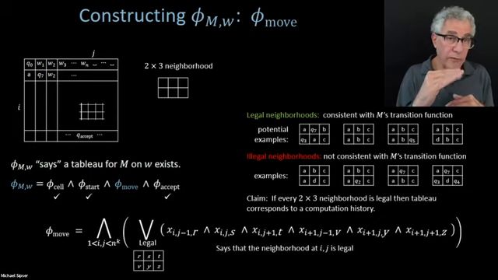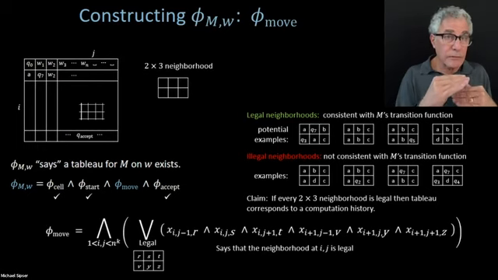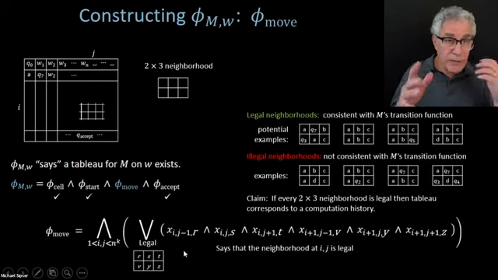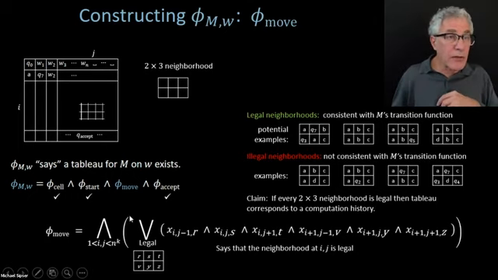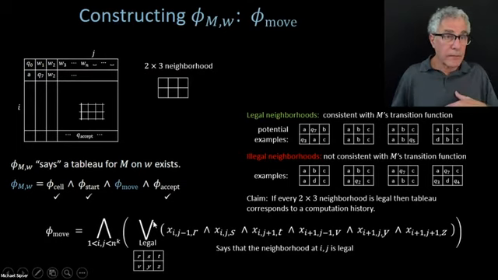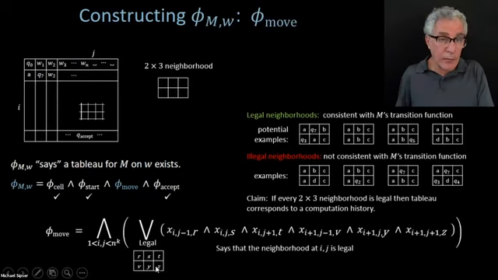There's going to be some fixed number of those, say 100. So there's 100 possible legal neighborhoods, of which I've written down 4 here. So now there's going to be an OR over those 100 different possibilities. It's either going to be this legal neighborhood or some other legal neighborhood or some other legal neighborhood.